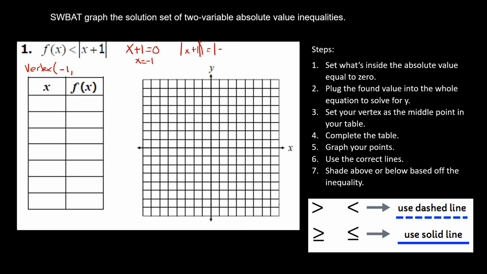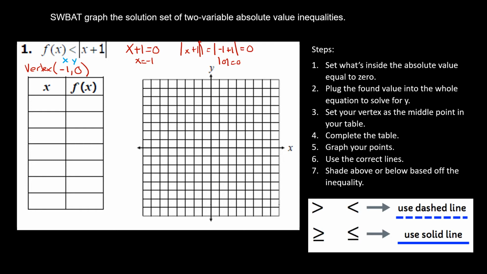So we'll say -1 plus 1, set that equal to y. Well, that ends up being 0. And so my vertex is at -1, 0. Okay?